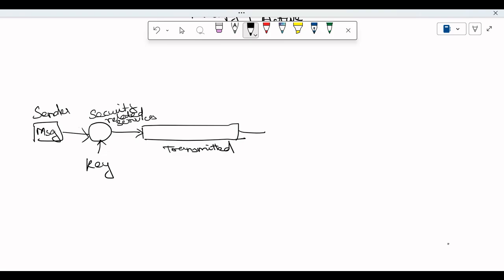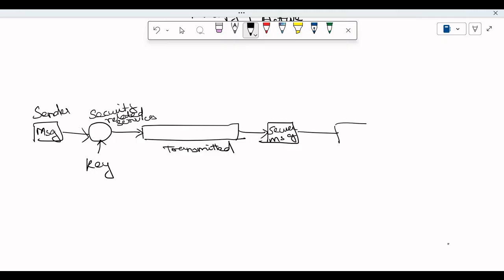Now the secure message is received by the receiver, but the receiver should be able to read the content.